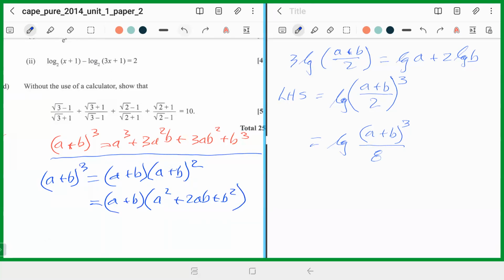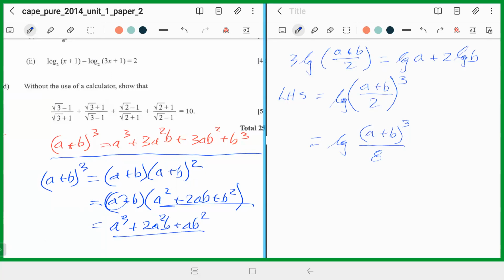Now I'm going to multiply each of them. When I use the a first, I get a cubed plus 2a squared b plus ab squared.